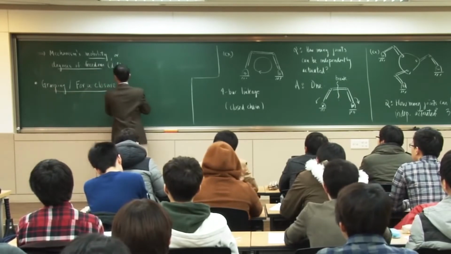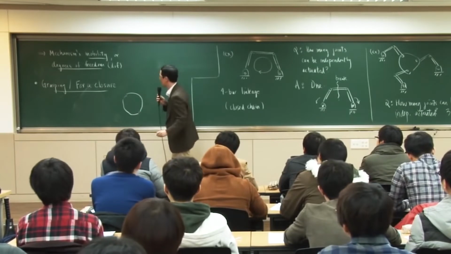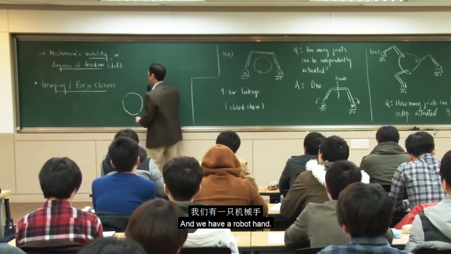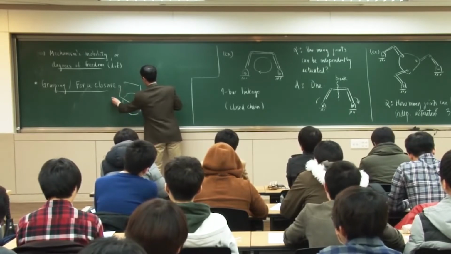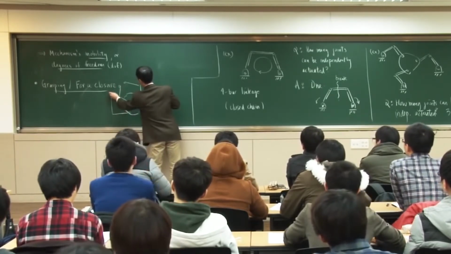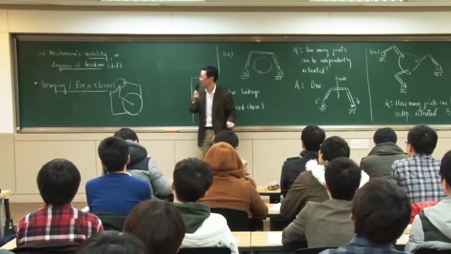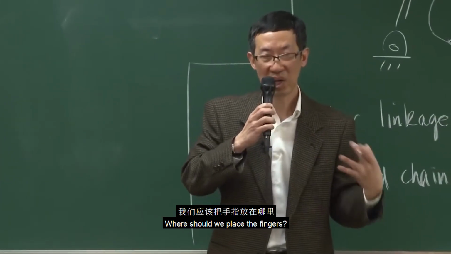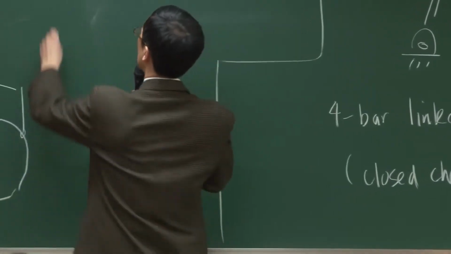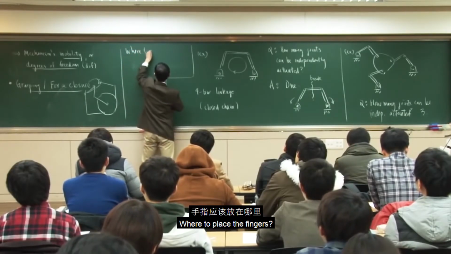All right, so given an object, and we have a robot hand, where should we place the fingers of the hand? Perhaps we have some hand like that. Okay, so basic questions. Where should we place the fingers?